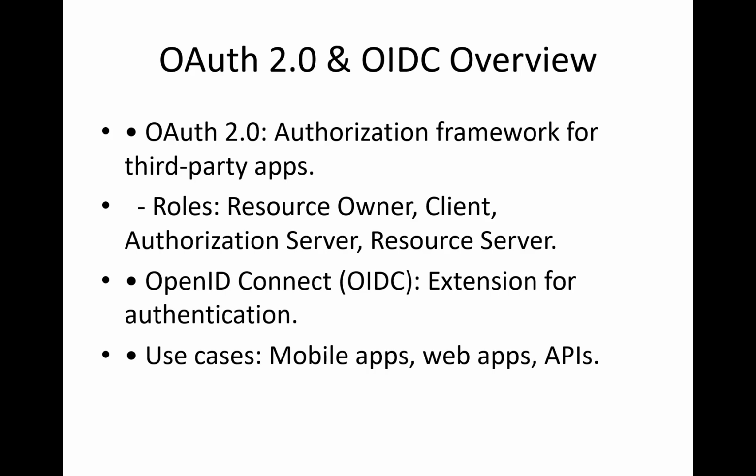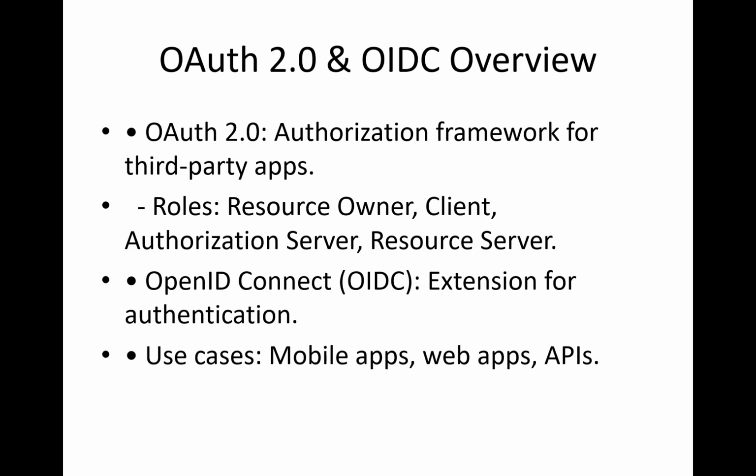OAuth 2.0 and OIDC are more common in modern web and mobile apps. OAuth is about authorization, granting access to third-party apps without sharing passwords. OpenID Connect builds on that and adds authentication.